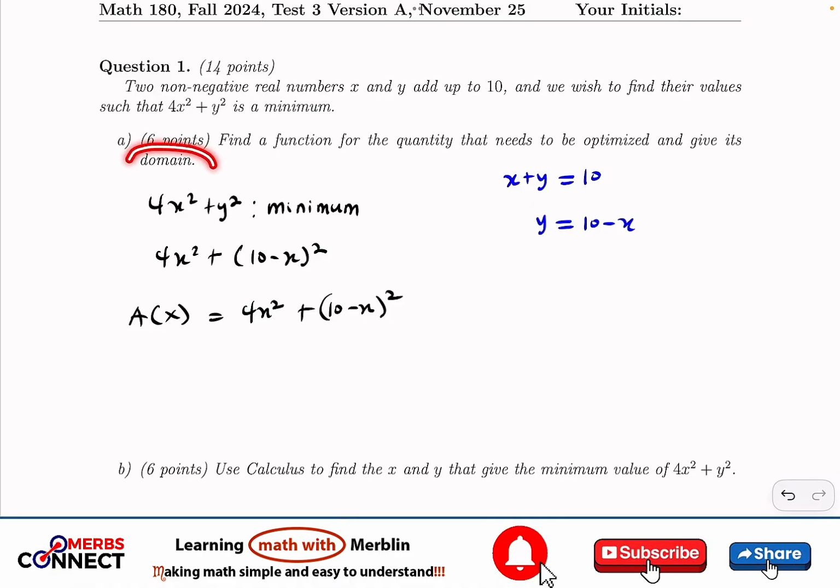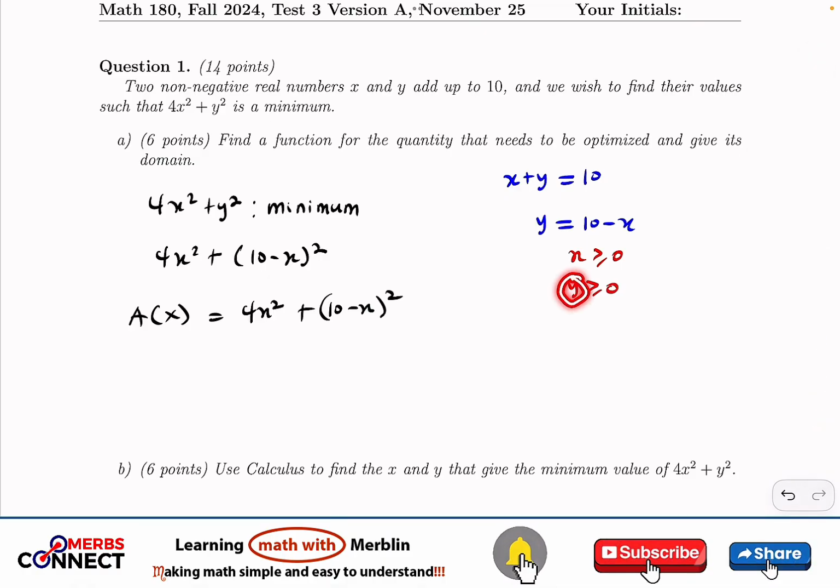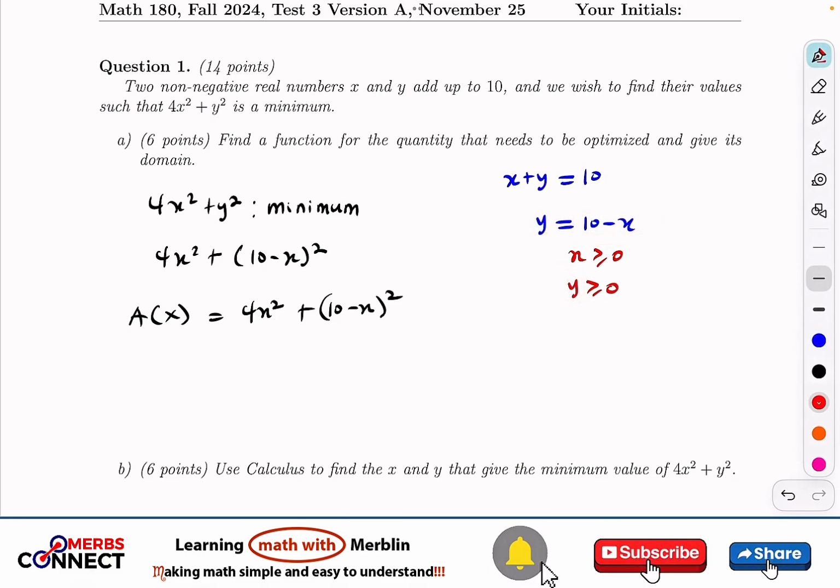But the question is also asking us to find the domain. The function here has no rational function divided by anything, so what we can do is let x be greater than or equal to 0 and y be greater than or equal to 0. Now, y is equal to 10 minus x, so we can replace y and have 10 minus x greater than or equal to 0.